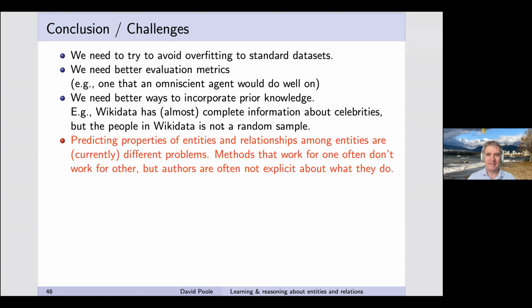And the data set typically tests either predicting properties or predicting relations, not doing everything together. So somehow we need to be much more careful about predicting these things. Because going to lower dimensional representations is a good idea for predicting relations. It works, but doesn't help for predicting properties.